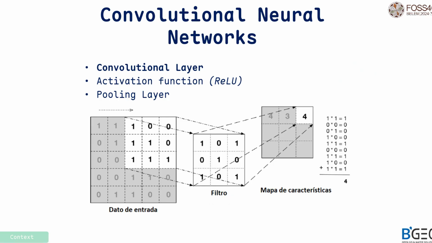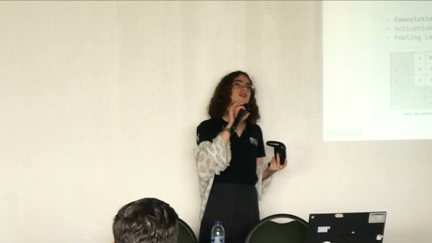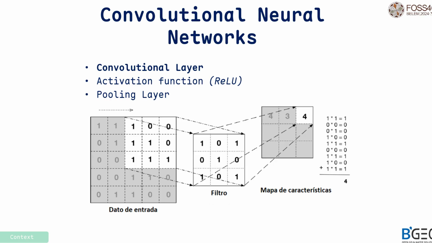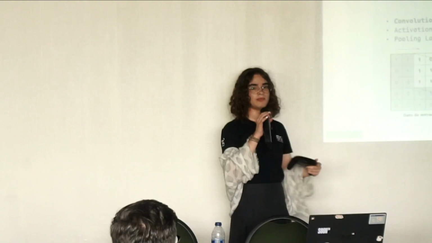First of all, a bit of background on what convolutional neural networks are. A convolutional neural network may have many different parts. The main one is the convolutional layer. That's why the name is what it is. Basically, it slides a kernel, or a filter, across the image and extracts information one pass after the other.